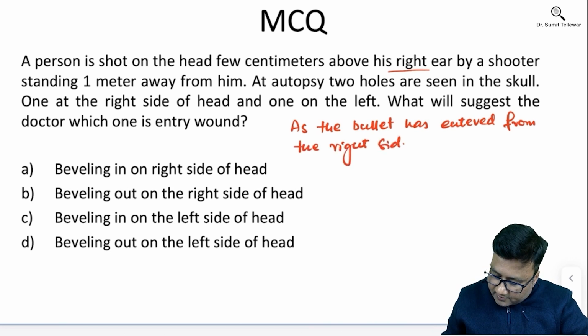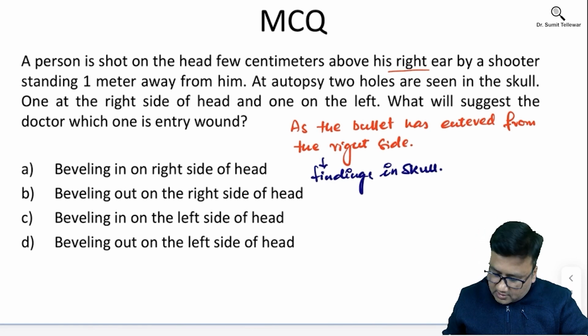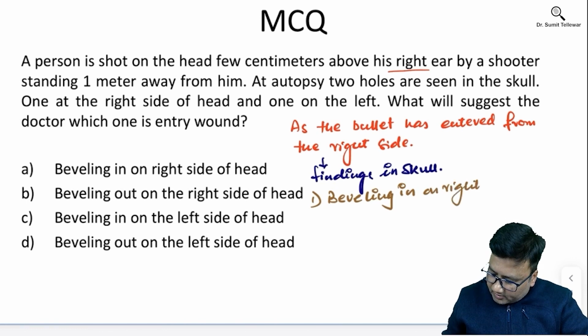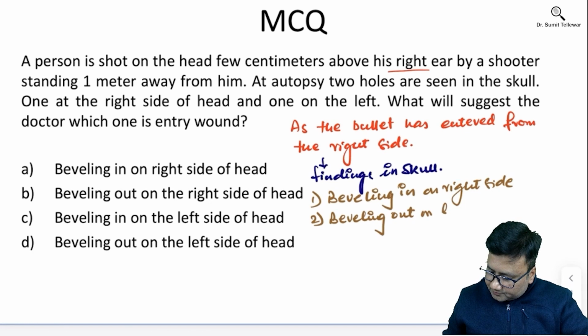what will the findings be in the skull? Findings in skull: number 1, beveling in on the right side, and number 2, beveling out on the left side, right?